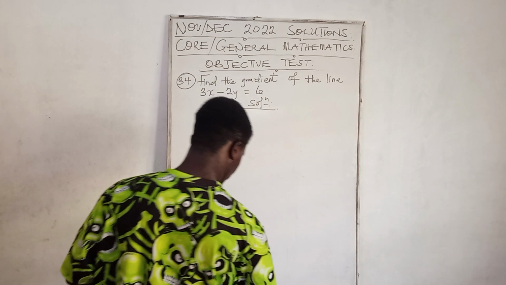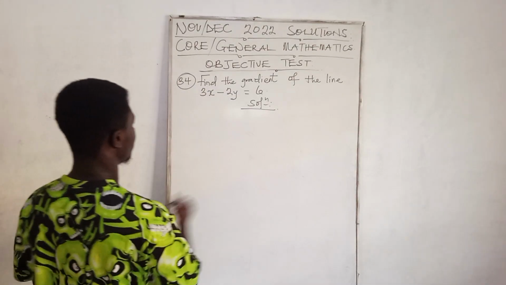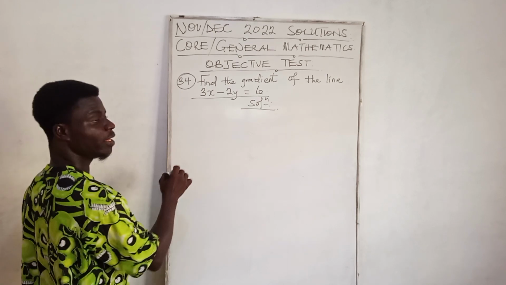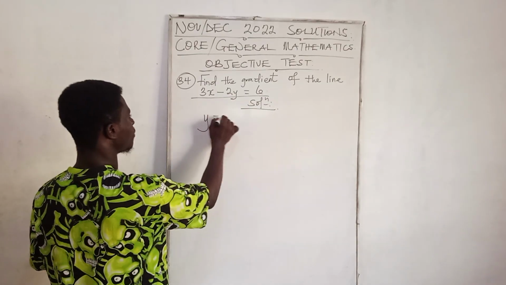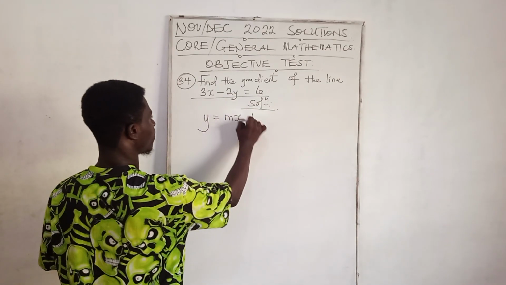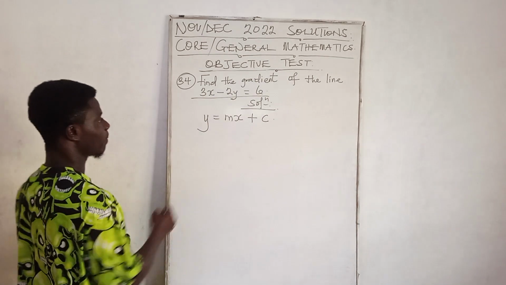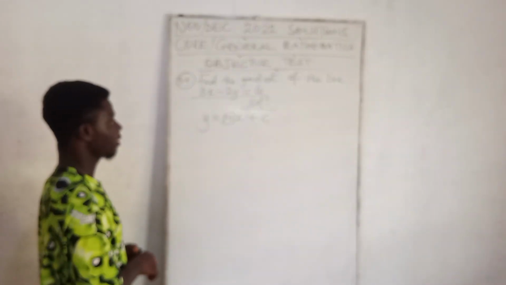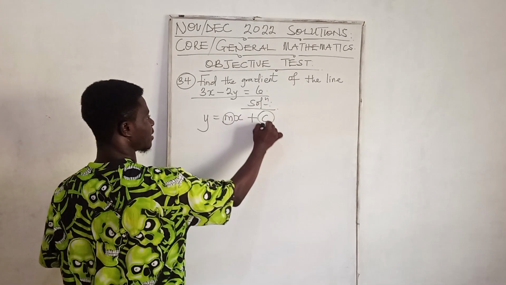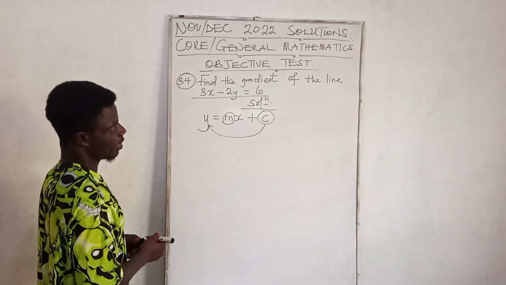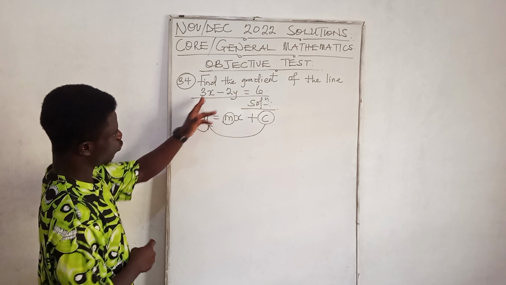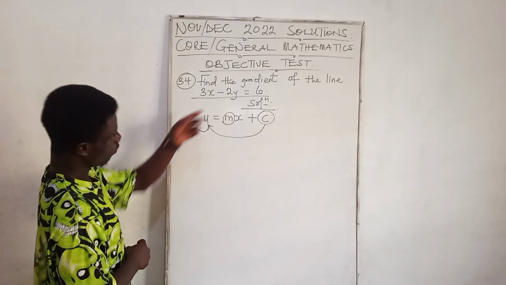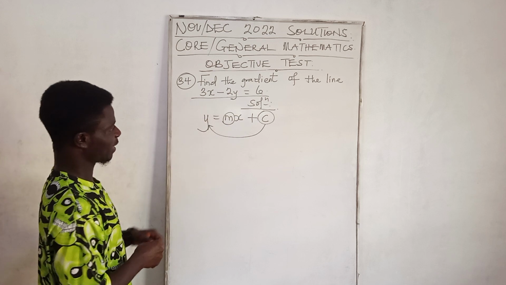So now, the gradient. First of all, you have to express this given line in the form y equals mx plus c, where m is the gradient and c is the intercept on the y-axis. So now we have to express that in the form of this, which means that we have to make y the subject.